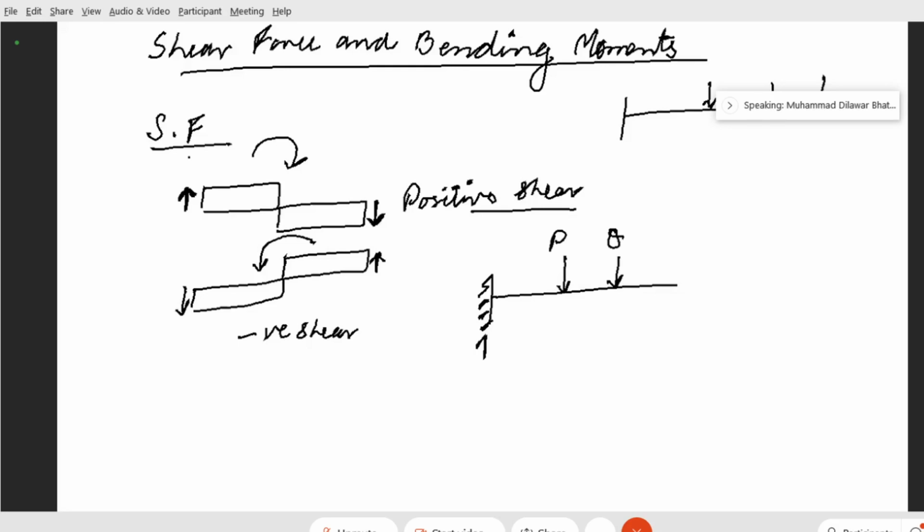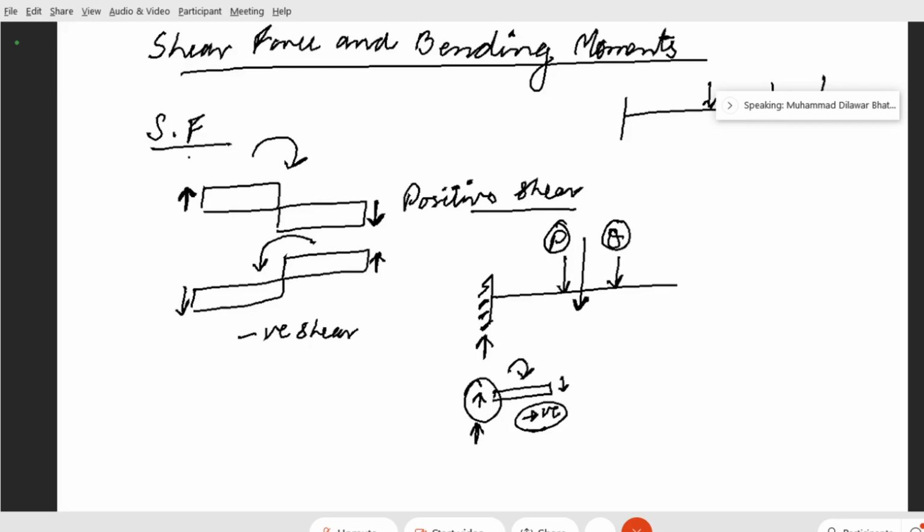Because there is a reaction at the fixed end, and this element will get sheared in this direction because of the loads P and Q. Actually, it's not bending that we are talking about right now. It will try to shear in this way, and the fixed end, just to bring it into equilibrium, will give an upward reaction. Therefore, we can say the shear force will be positive here.